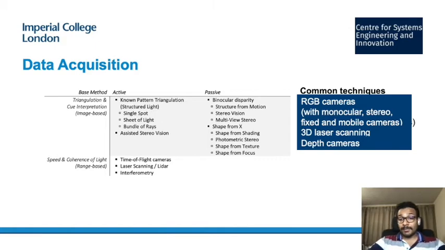The triangulation-based methods use at least two different vantage points to gather information, while the time-of-flight methods require only one vantage point. Therefore, time-of-flight-based methods could be described as outward sensing, while triangulation-based methods are inherently inward sensing.